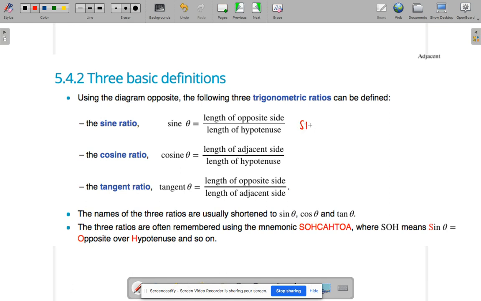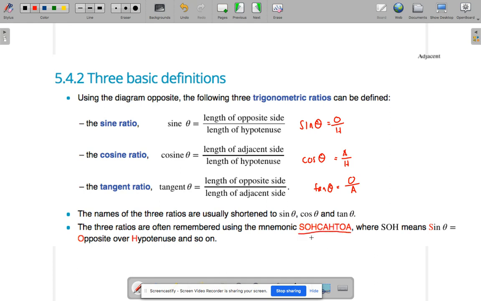So the first rule is that sine of the angle equals opposite over hypotenuse. The second rule is that the cosine of the angle, cos theta, equals adjacent over hypotenuse. And the third ratio, tangent or tan theta, equals opposite over adjacent. Now there's a little rhyme here, or mnemonic, SOHCAHTOA.